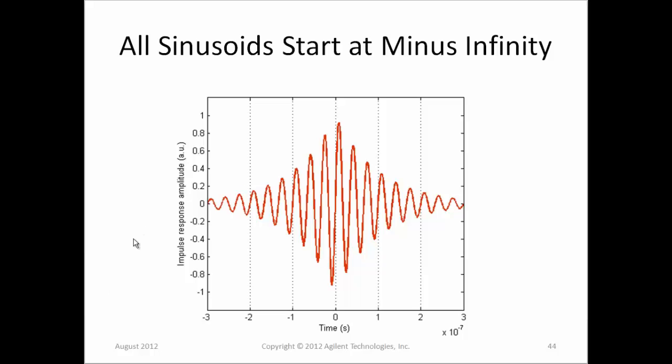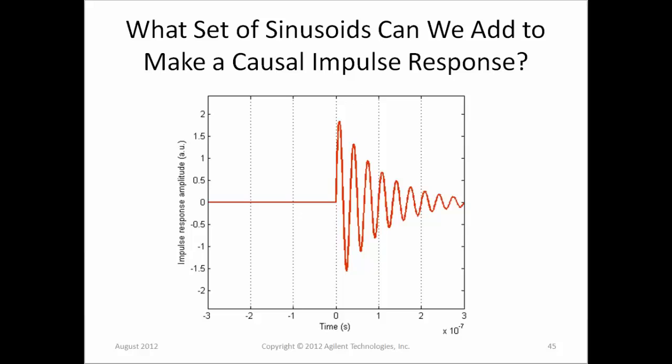Well, it turns out not only is it possible, but it's mathematically rather easy to do it, and it's a very, very surprising result. You can get cancellation in the negative time range, but non-cancellation in the positive time range. So this is what we want to end up with. We want to end up with an impulse response.